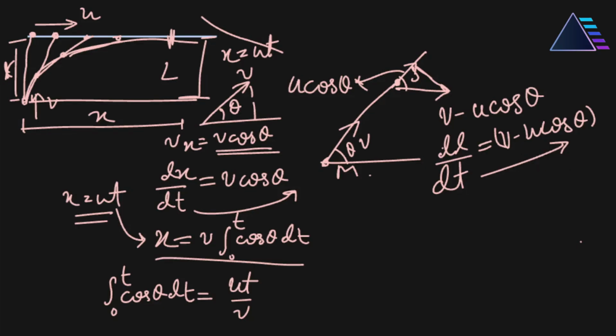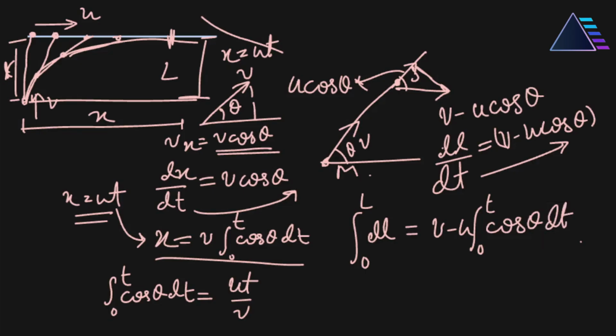If you integrate from 0 to L, 0 to L dl is equal to v minus the integration. V is constant, u is also constant, so 0 to t cos theta dt, right?